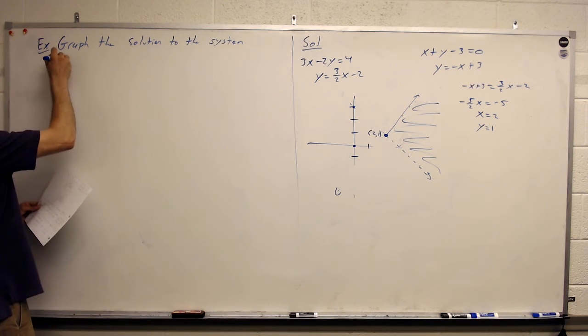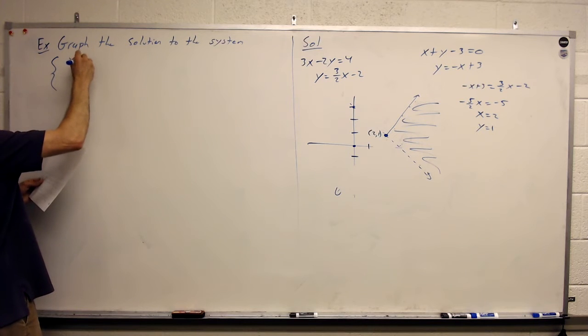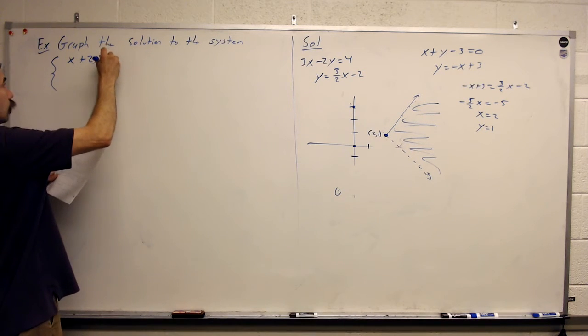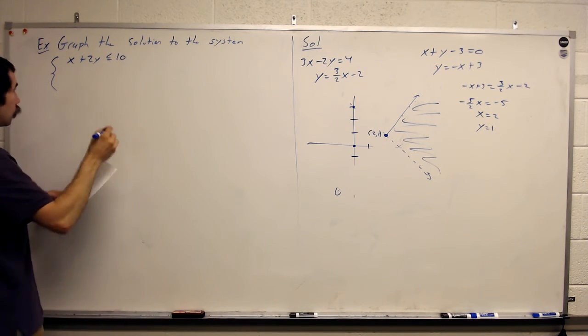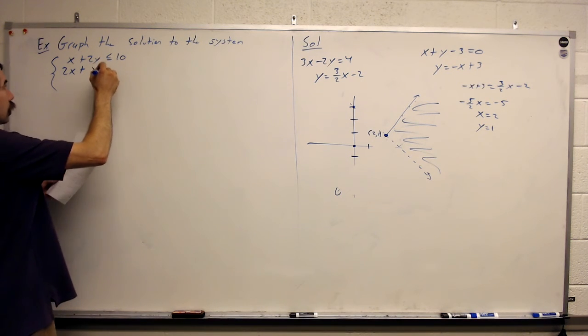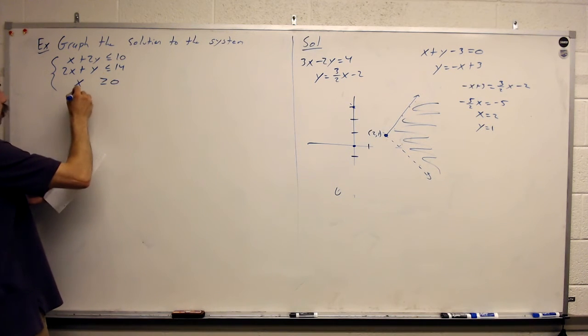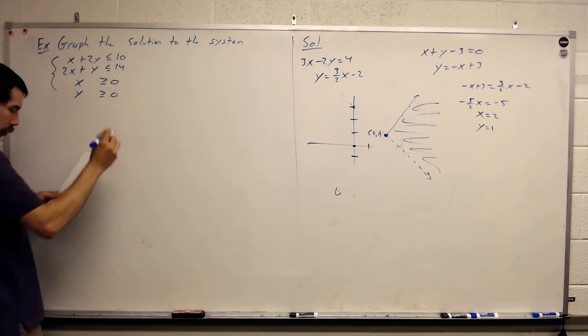All right, and so we're going to have 4 inequalities here. The first one is x plus 2y is less than or equal to 10. 2x plus y is less than or equal to 14. x is greater than or equal to 0. And y is greater than or equal to 0.